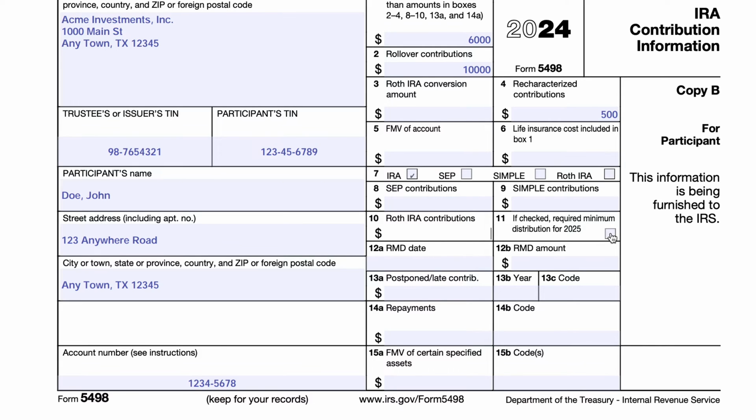In box 12A and box 12B, we go into a little bit more detail about the RMD. So let's imagine that box 11 is checked. You might have an RMD date that lines up with your 72nd birthday. So let's say that you have to take the RMD.